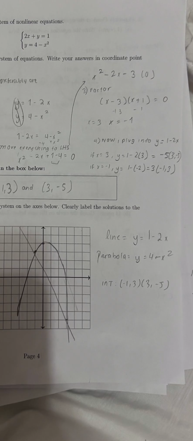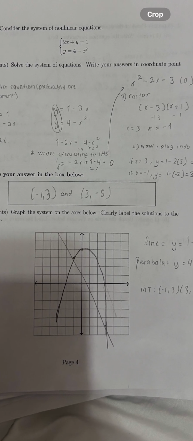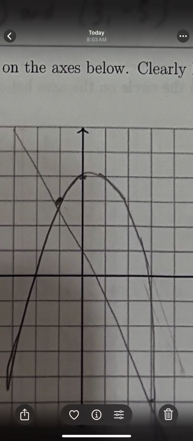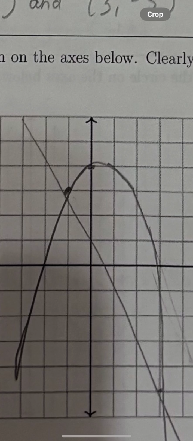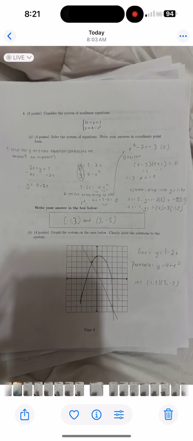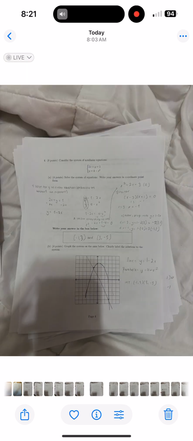And our parabola, because it was y equals 4 plus x squared, is just going to start at 0 comma 4. So just following 4 on the fourth unit of the y-axis.